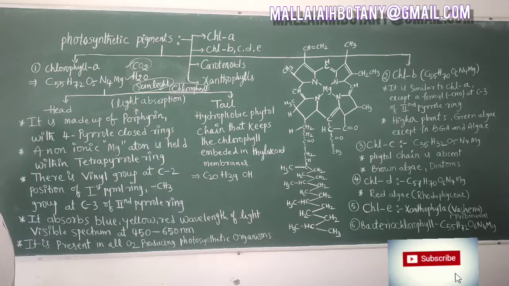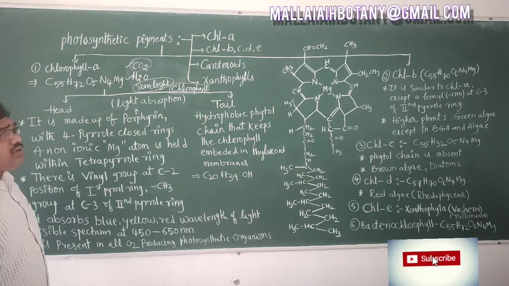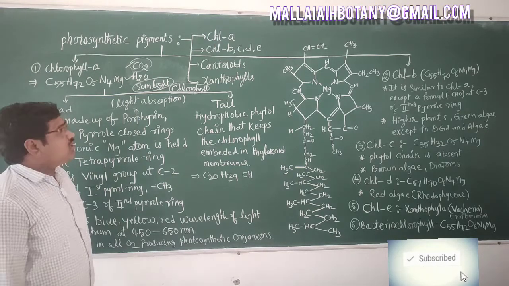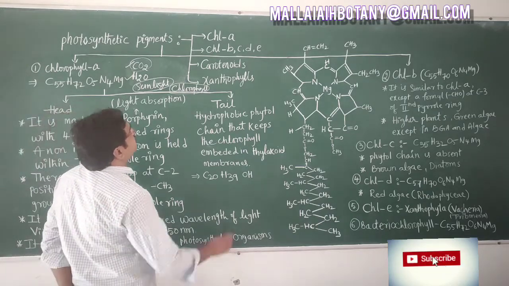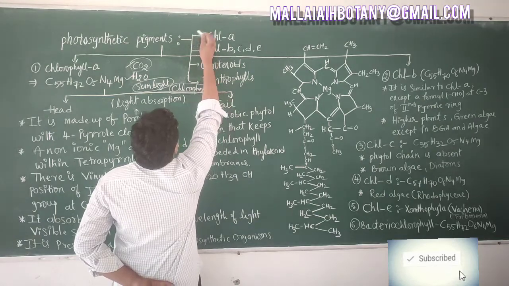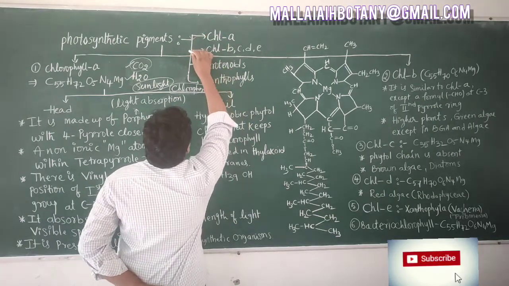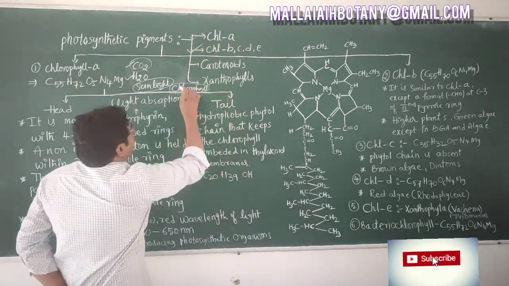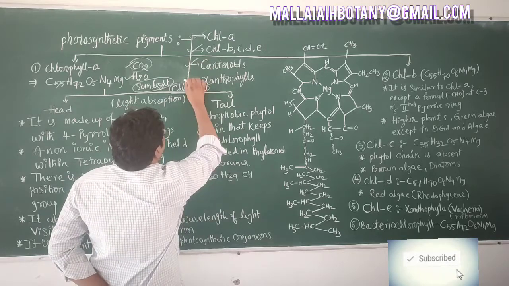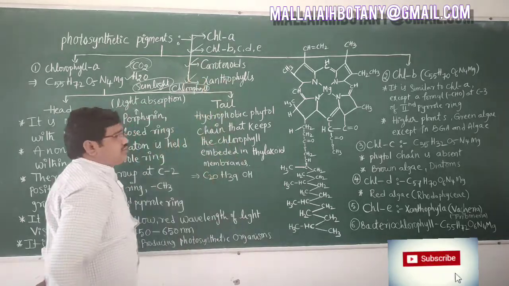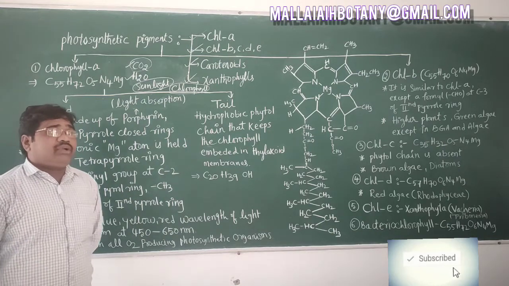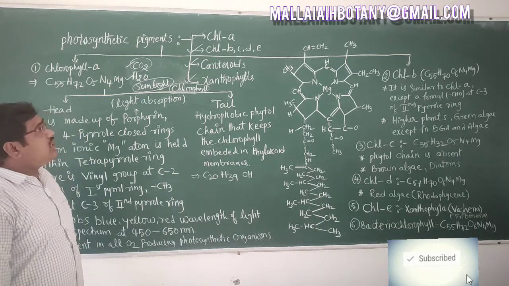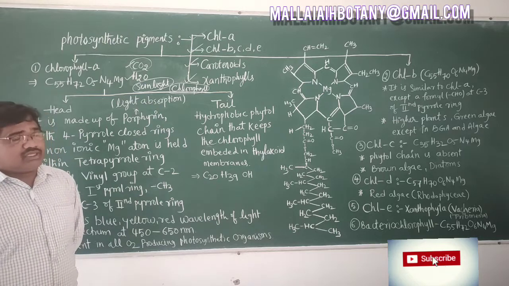Generally, according to the NCERT textbook, photosynthetic pigments are classified into 4 groups. The first is chlorophyll A, second is chlorophyll B, third is carotenoids, and fourth is xanthophylls. These 4 types are mentioned in our NCERT syllabus.